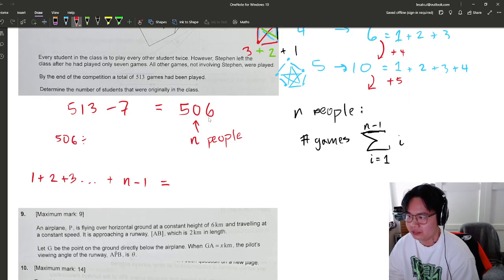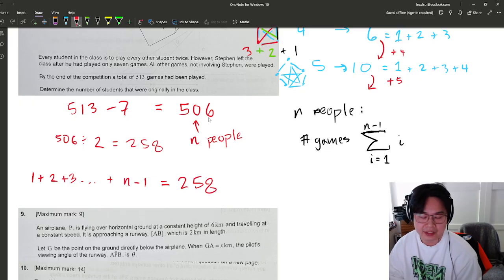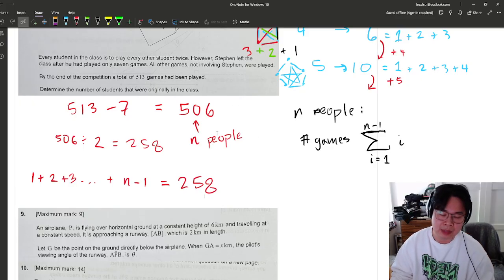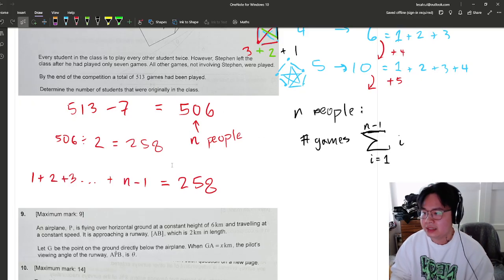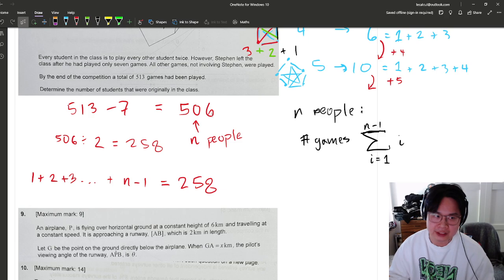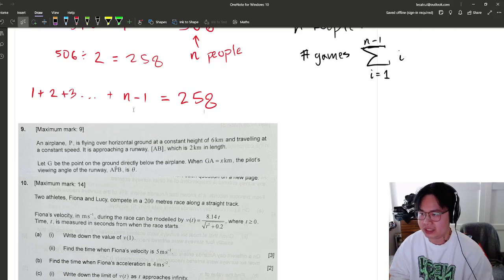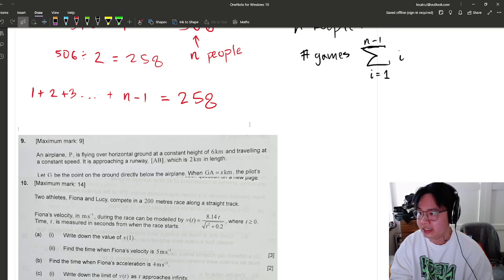So 506 divided by 2, and this is like 250 something, 253. So if all the people in the room minus Stefan played each other once, they would have played that many games together, right? But they play each other twice, so that's 506, and then plus the 7 games that Stefan played. Okay, so from here we can find n.